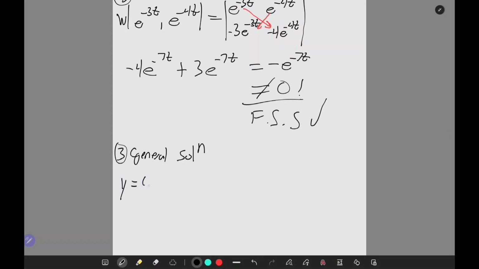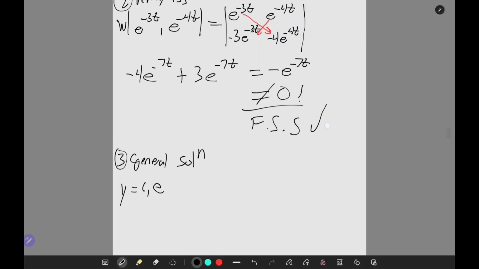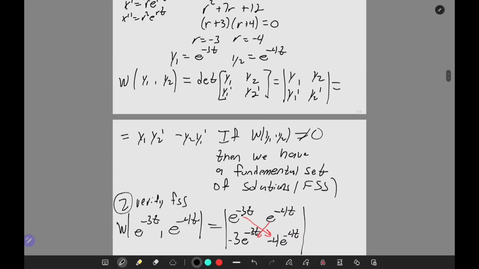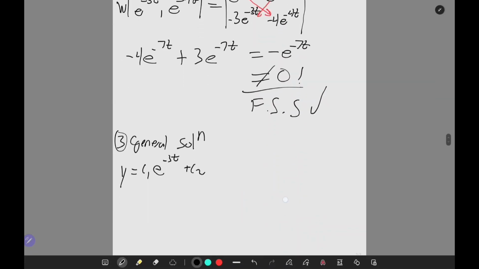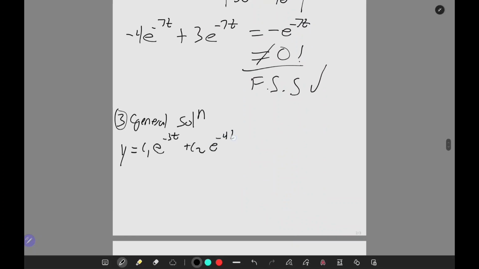We're going to have C1, what's y1 again? e to the negative 3t plus C2, y2 was e to the negative 4t. Right, the general solution, the general form, it goes like this. This is the general way it's written.